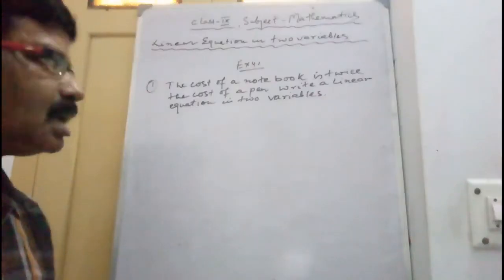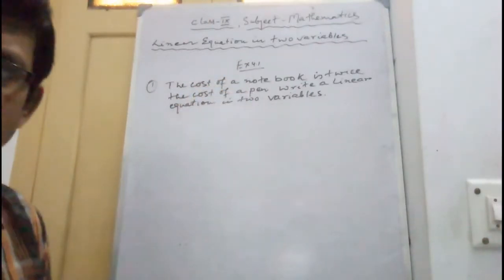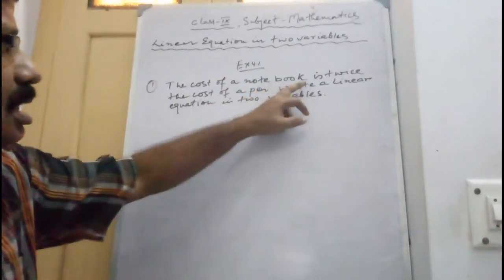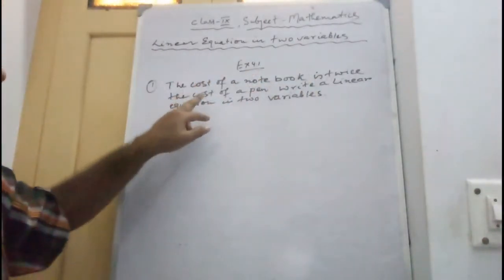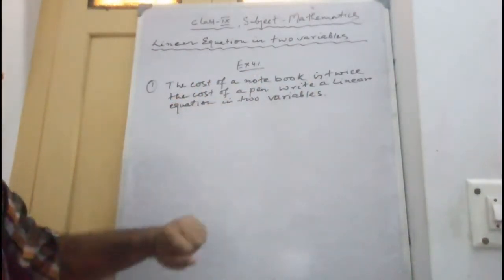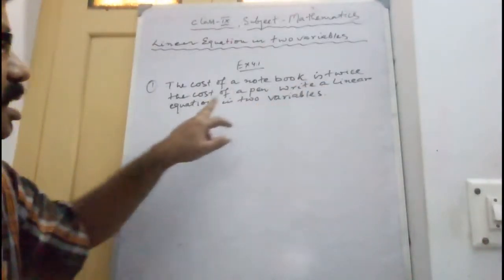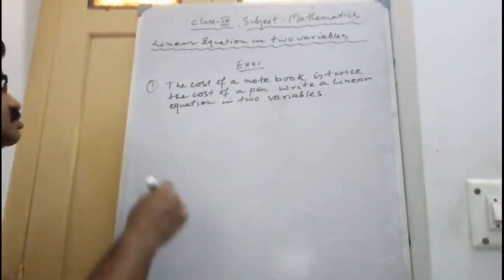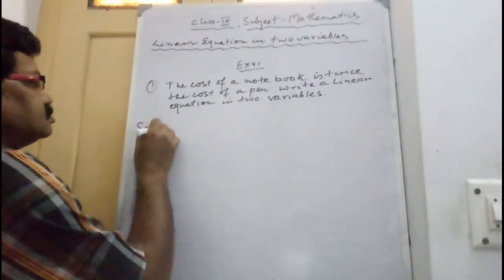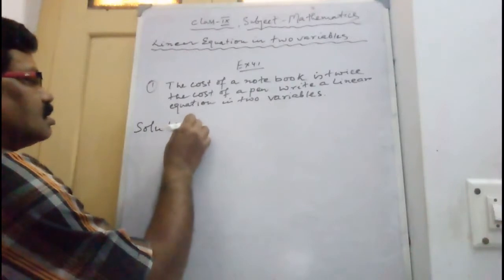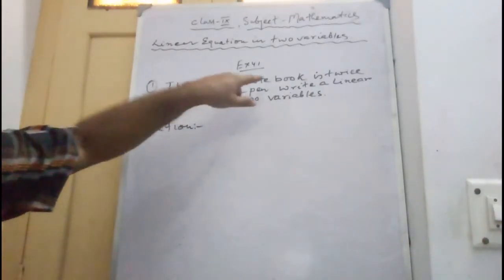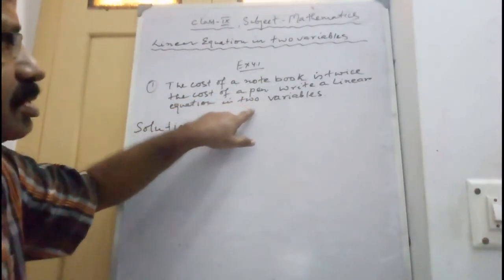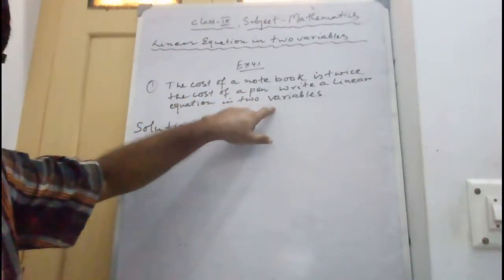Now exercise 4.1. The cost of a notebook is twice the cost of a pen. So write a linear equation in two variables. Notebook is twice the cost of a pen, and you have to write a linear equation in two variables.